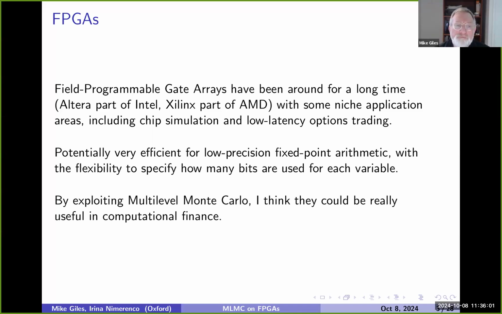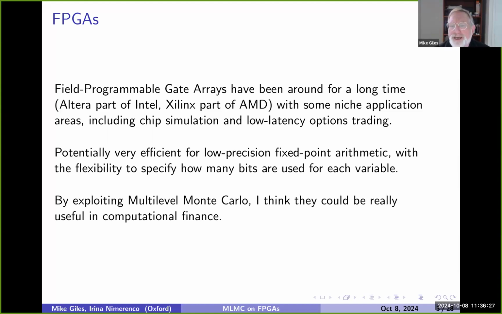FPGAs, field-programmable gate arrays, are a technology that's actually been around for a long time, at least 30 years. But so far, it's had relatively niche applications, although it's significant enough that both Intel and AMD bought the two leading companies in the area.